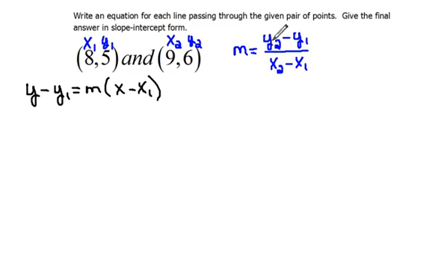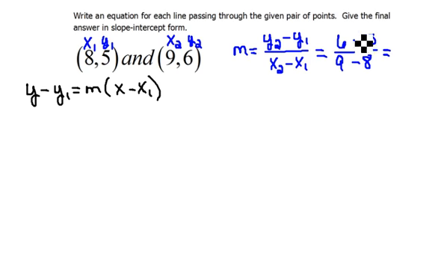Now we're just going to plug the numbers in, to match up where they belong in the formula. So y2 in this case is 6 minus y1 in our case is 5 over x2 we've labeled as being 9 minus x1 we've labeled as 8.